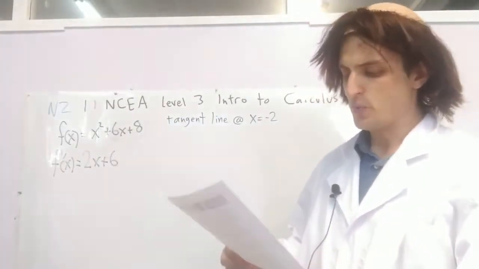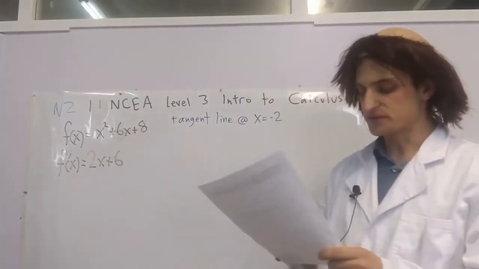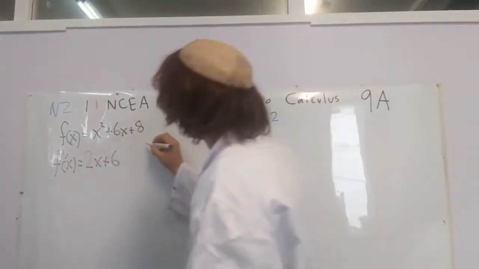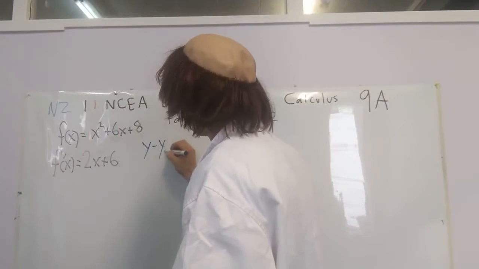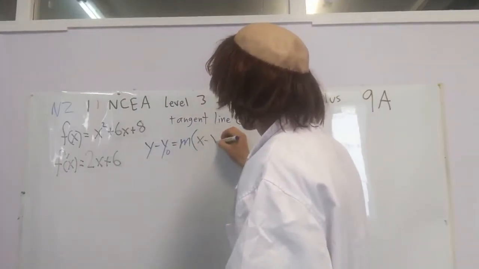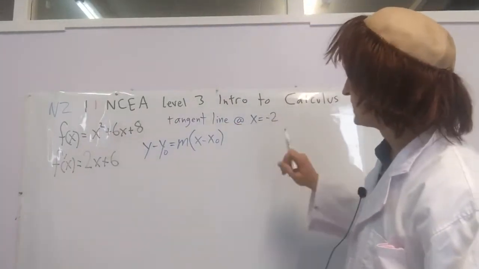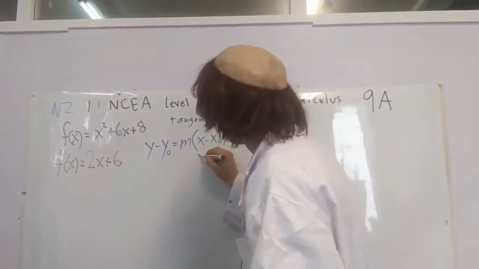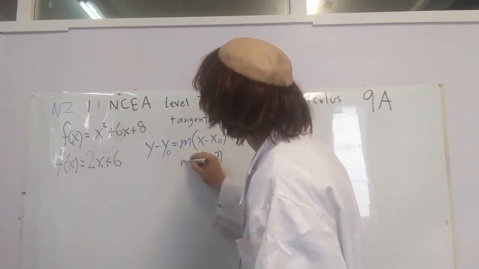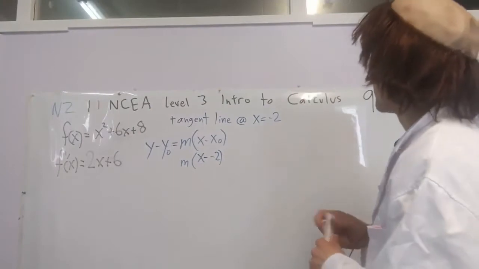Okay, now we have to find the tangent line where x equals negative 2. So we use our same formula, y minus y naught equals m times x minus x naught. Now we know x naught is negative 2, so x minus negative 2, but we don't know our y naught. Here's how we'll find our y naught.